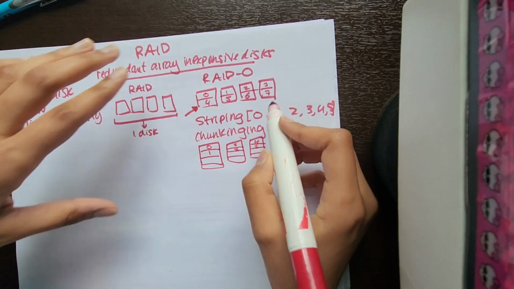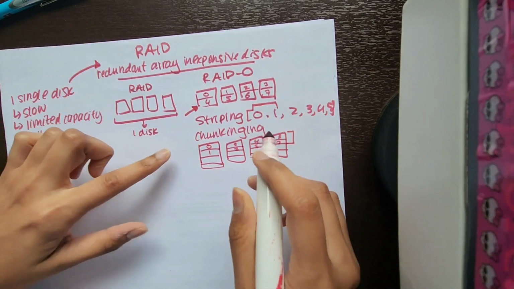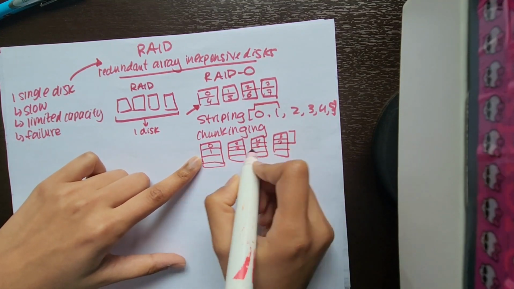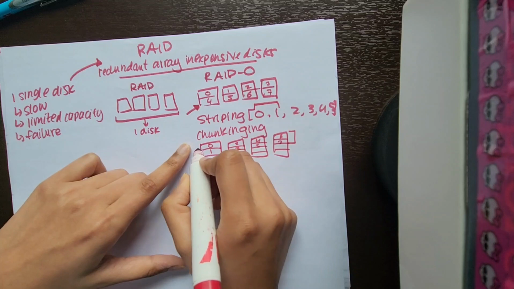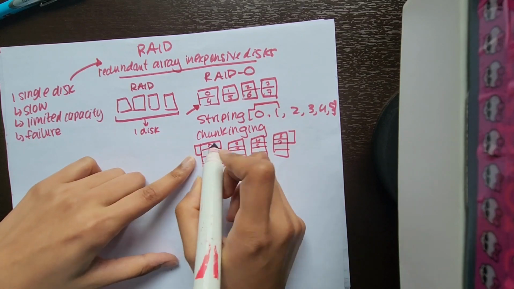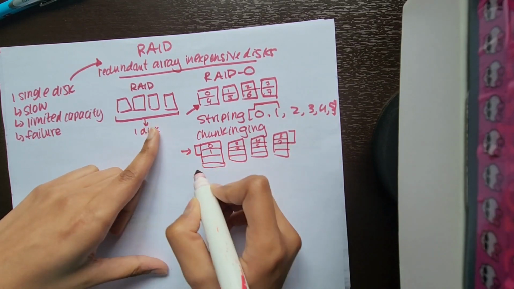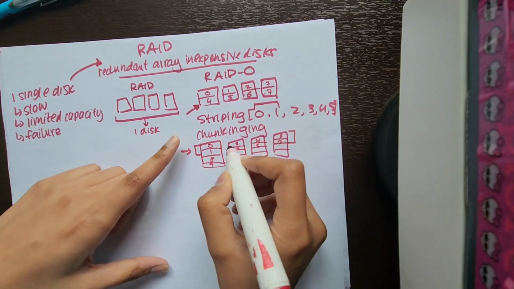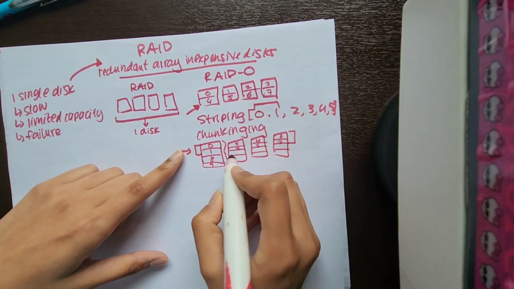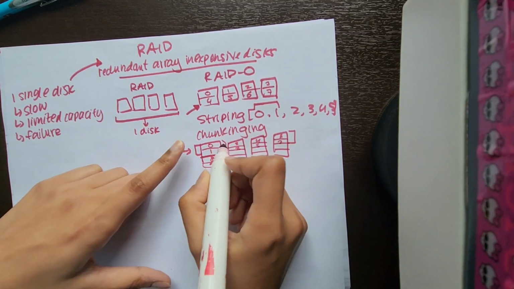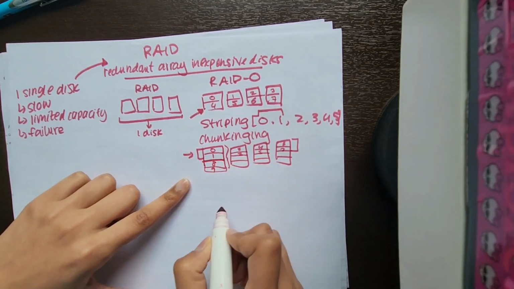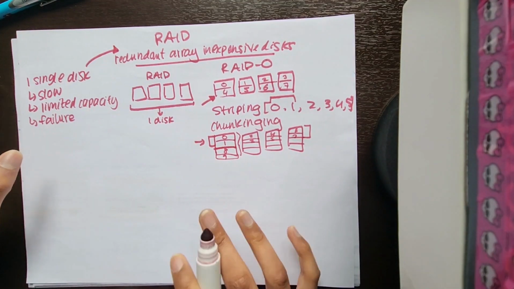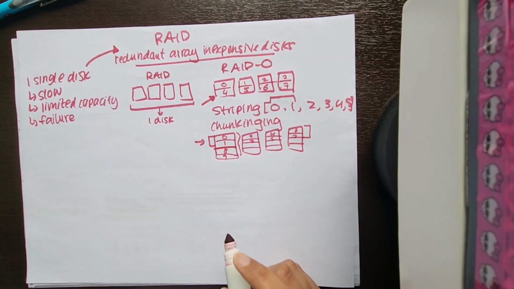You want two values to be grouped together in one disk, right? And then here you can continue. So you're doing striping, but in pairs this time, if that makes sense. Once you get to 6, 7, you would do 8, 9 here. So again, it's not entirely sequential, but parts of it, whatever the chunk is, are sequential. So that's one option for RAID 0.